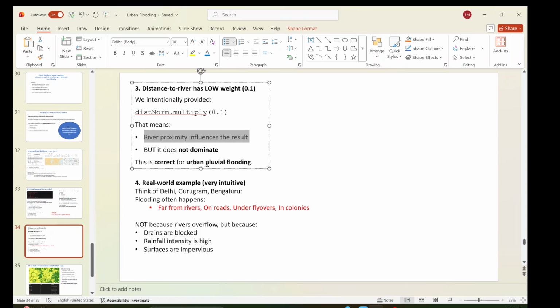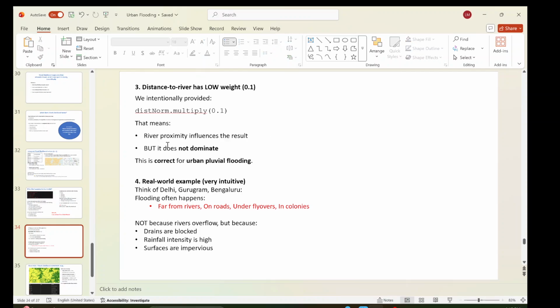This is correct for urban pluvial flooding, because somewhere river flooding also happens, for example if any dam is there upstream and you open it, then water can reach the cities. It happens sometimes. Rain-induced flooding is common nowadays in cities because there are a lot of factors behind it, right?